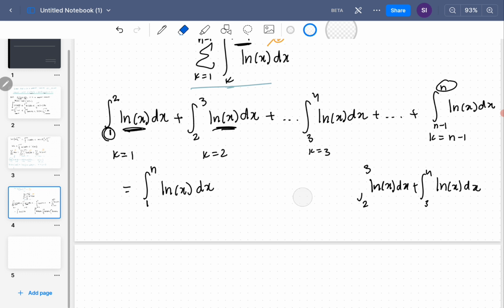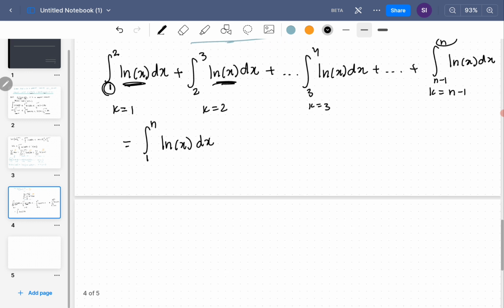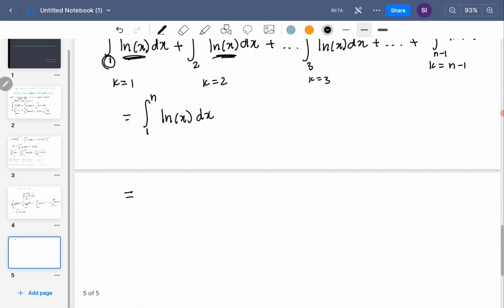So let me just quickly erase this. Now that we have this, let's simplify it. So integrating this, I hope you all know the rule that we use to integrate this. What we're going to do is use integration by parts. There it is, integration by parts.